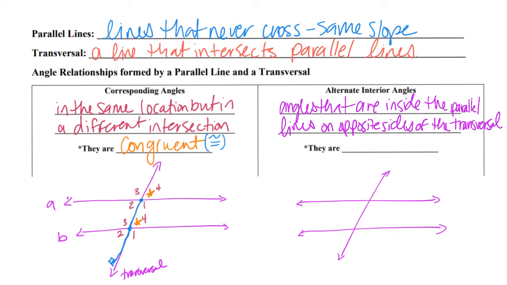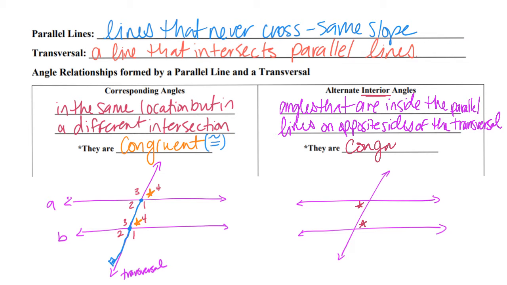Let me draw in the picture for you. Alternate interior angles would be something like this and this. So they are on opposite sides of the transversal, but they have to be inside the parallel lines. That's why it says interior. And they are going to be congruent.